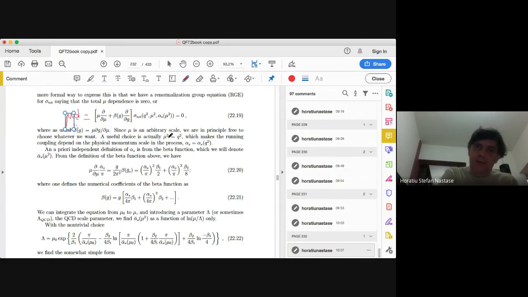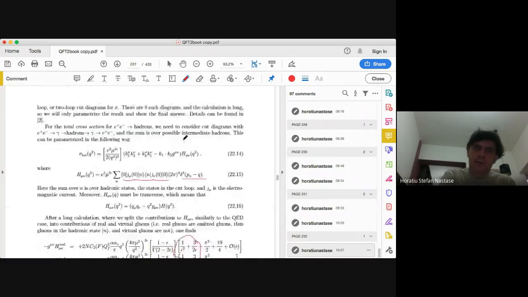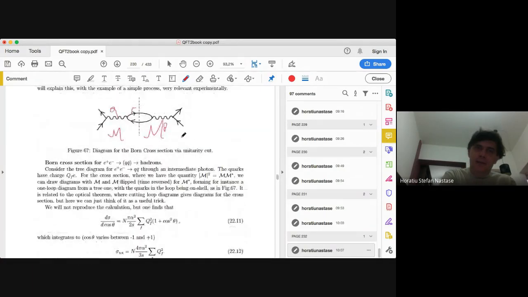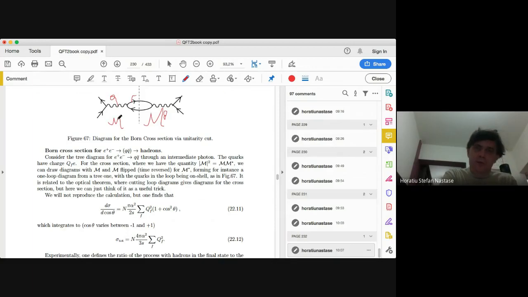Notice also that, as I said, mu is an arbitrary scale, and one usually can consider the useful choice mu equal to q, the momentum of the photon, the momentum of the intermediate. So the total momentum of the collision e plus e minus is equal to the momentum q of the photon.